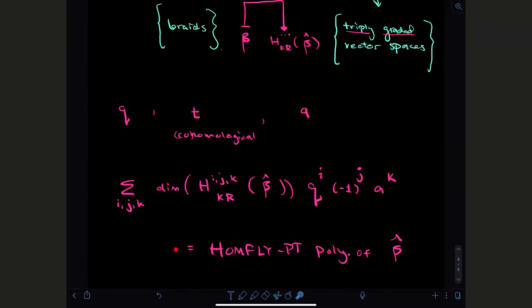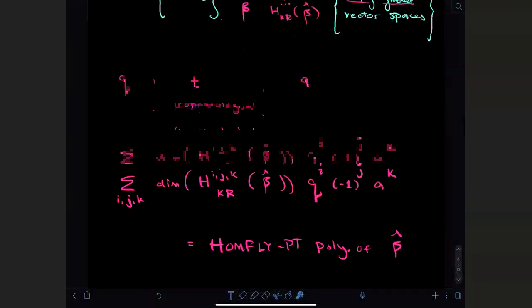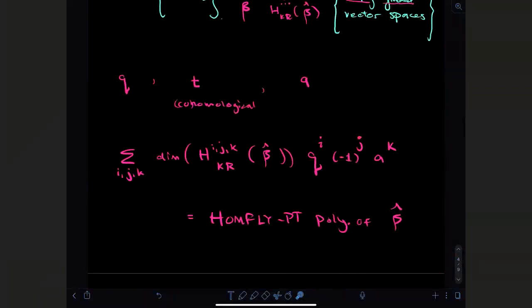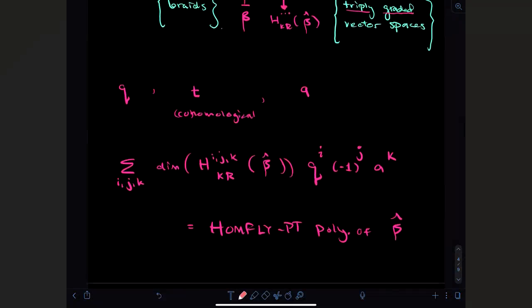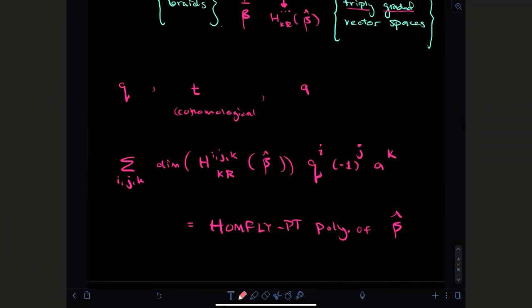So this version of the Euler characteristic recovers the HOMFLY-PT polynomial from the Khovanov-Rozansky homology. Okay. I guess that's all I want to say.